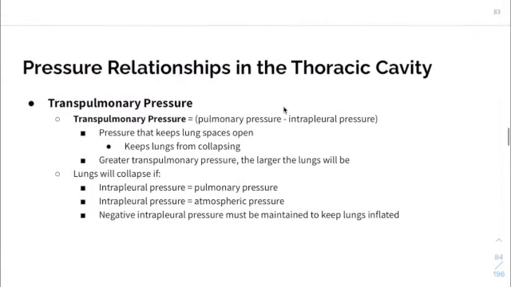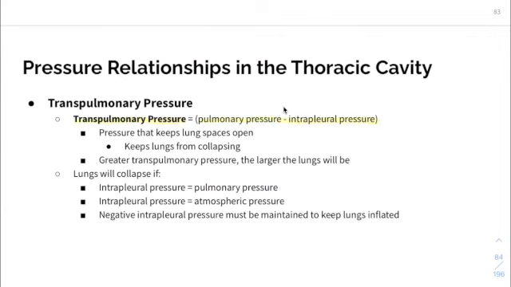We also have transpleural, or transpulmonary, pressure. Transpulmonary pressure is the pulmonary pressure minus the intrapleural pressure. What that does is prevent the alveoli from collapsing in on each other. We don't want our lungs to collapse.